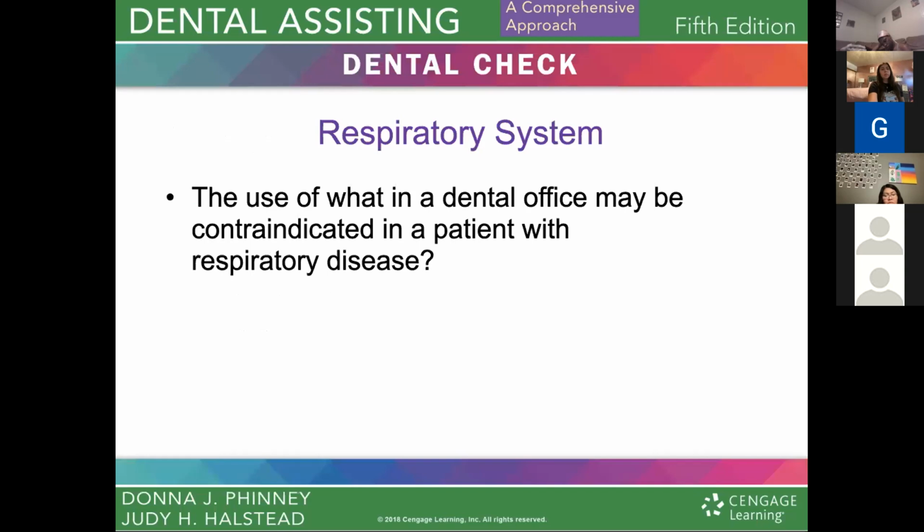All right, for the respiratory system, who can tell me the use of what in a dental office may be contraindicated in a patient with respiratory disease?